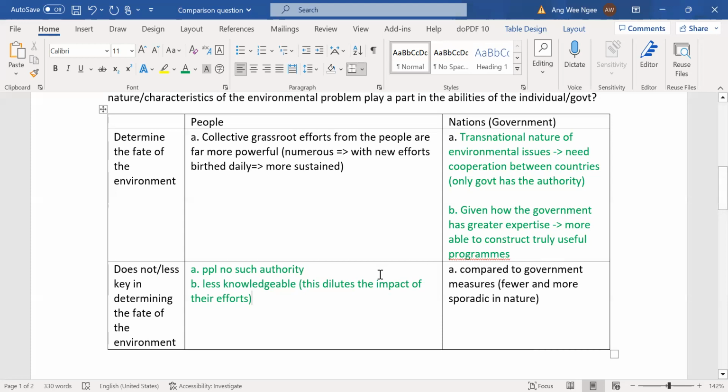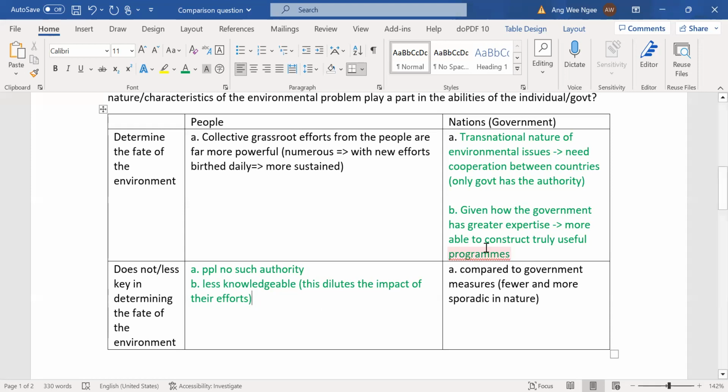Maybe they're barking up the wrong tree. So for instance, you think about how all of us think that plastic straws are an issue, but with more knowledge, you will know that plastic straws are just something that doesn't really impact much on plastic waste in the ocean. There are greater problems out there, and so if you leave it to the people, they might be expending all their effort in the wrong direction, in the wrong areas.